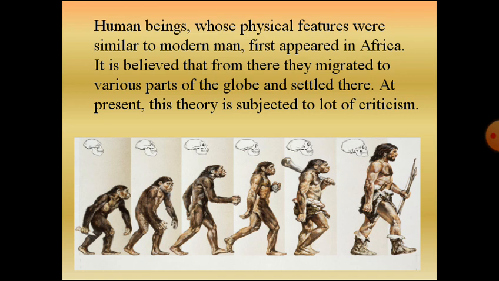They were first found in Africa, and then they traveled to different continents and they were seen in Asia. Now it is believed that this theory is subjected to criticism. It is not perfectly understood because different historians go for different studies and their thinking and their discovery about the past differs from person to person. So this theory is subjected to criticism.